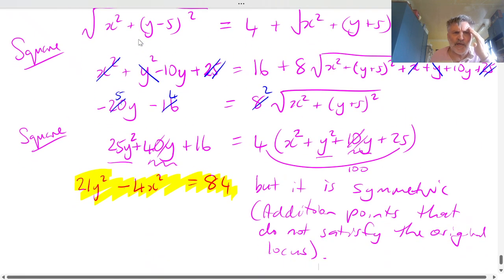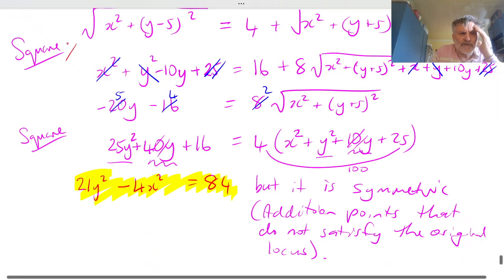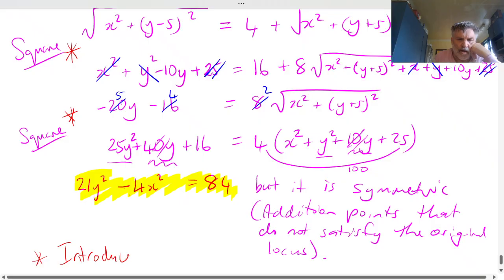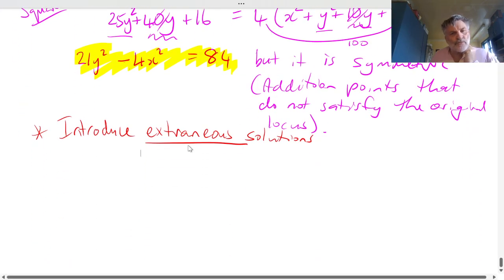And how does that happen? It happens because these squaring processes introduce potentially extraneous solutions, and this is something that students should be aware of.